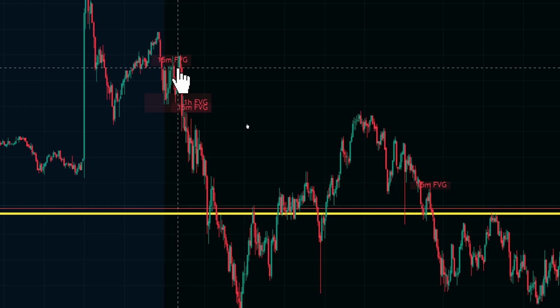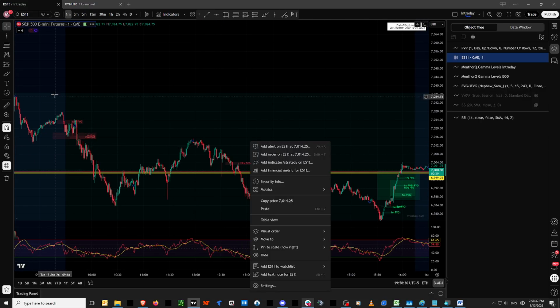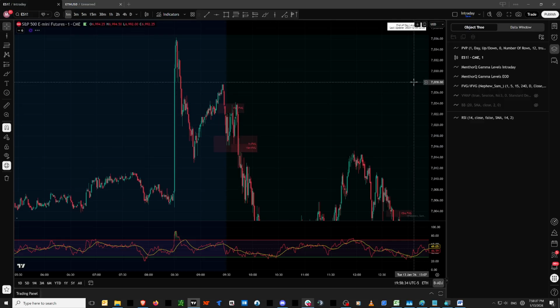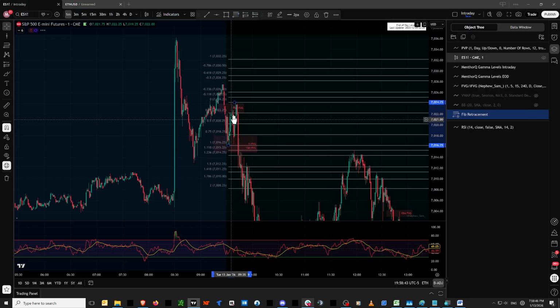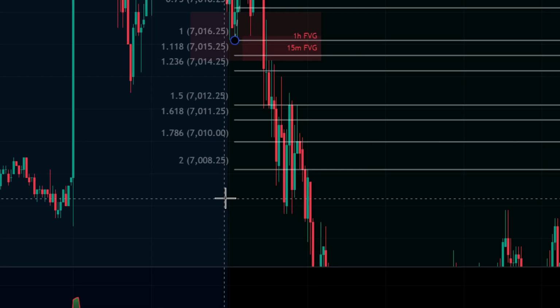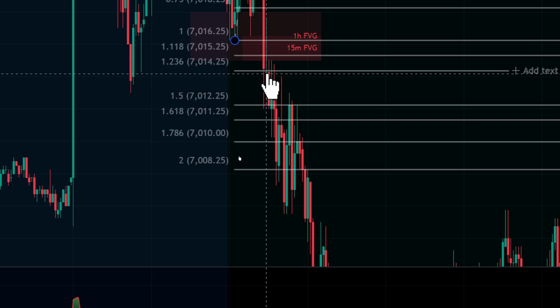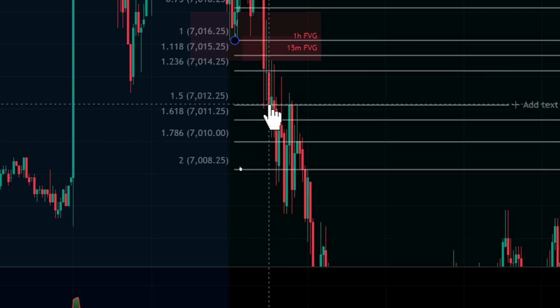So let me see if I can, give me a moment. I think we did this already, or did we not? Fib. Here. Here. That little chop. Where did it go? All right. Anything significant here? Here's the 1.5.